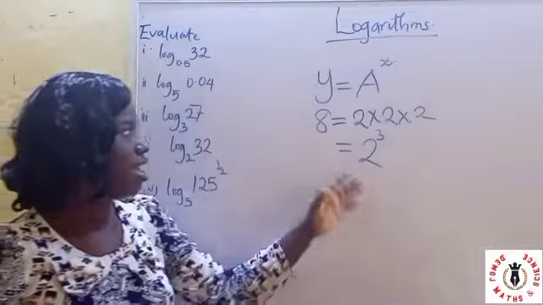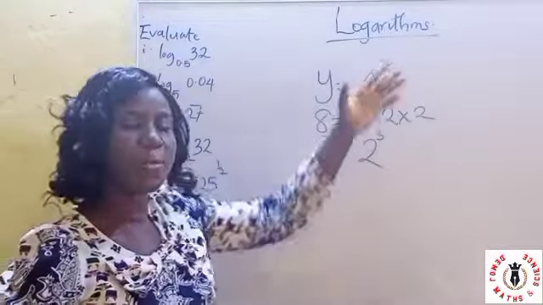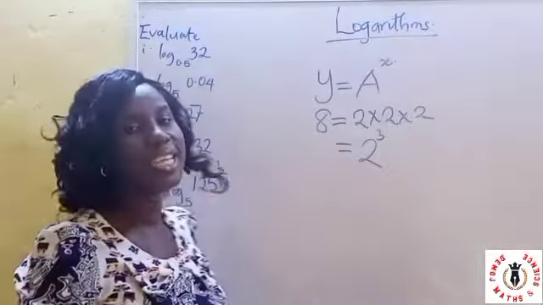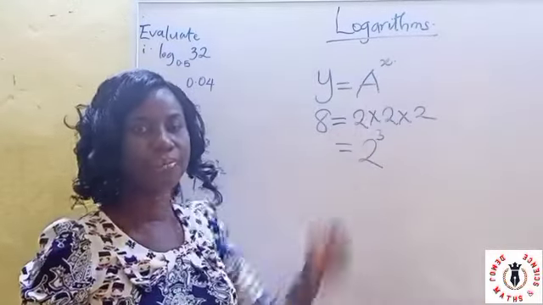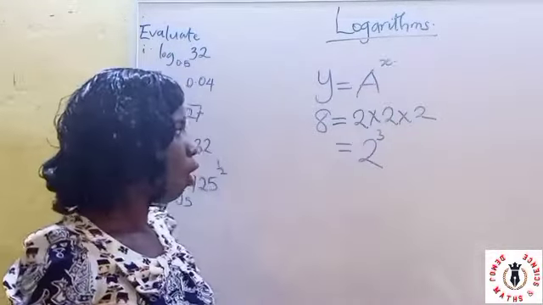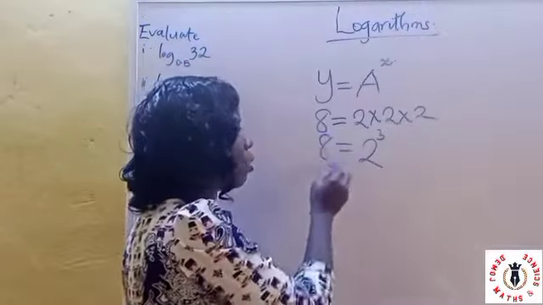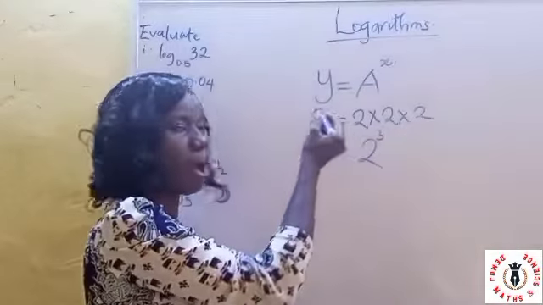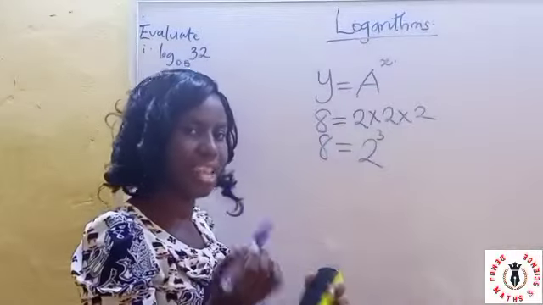So if I have y equals a raised to the power of x, it simply means that x is the logarithm of y to the base of a. Or if we look at the example I have here, which is 8 equals 2 raised to the power of 3, it can be written like this.